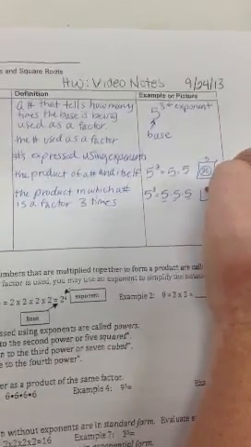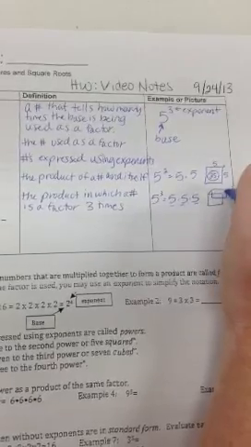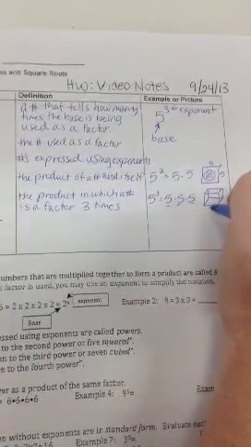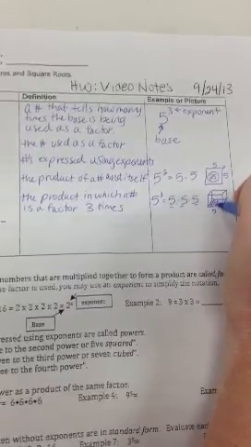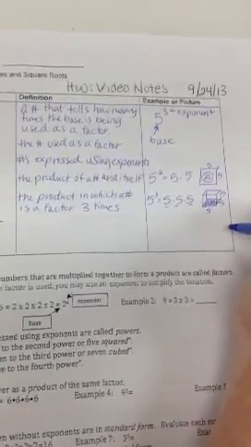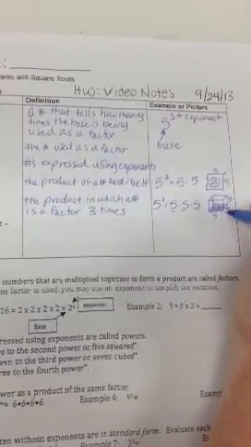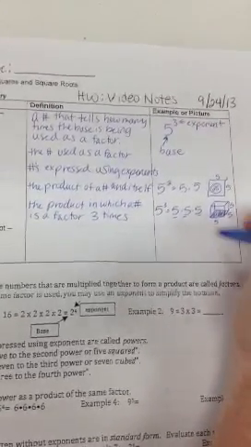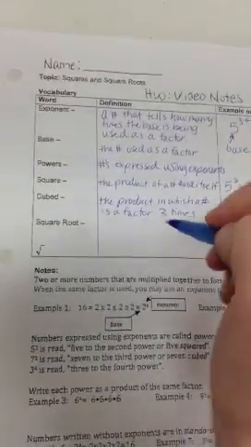Because if I had this, and you don't have to draw the cube, but I just want you to see that if you had a cube, you would have 5 by 5 on the bottom to make your square, and then you would also have a 5 as the height, and it would be 5 times 5 times 5. So it makes a perfect 3D shape, a cube. So you could say 5 to the third power or 5 cubed.